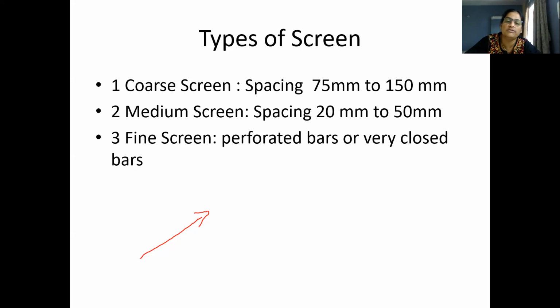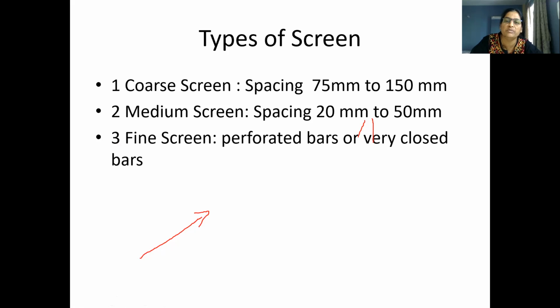Usually, a coarse screen is of diagonally arranged bars. You can see here the spacing between two bars. The spacing between two bars in a coarse screen is usually minimum 70 mm to 150 mm.